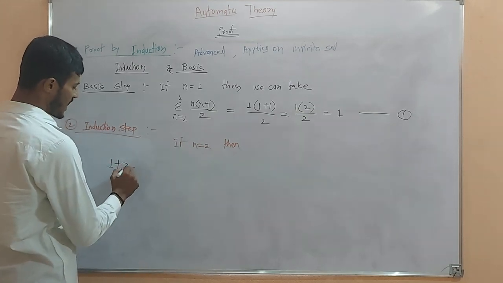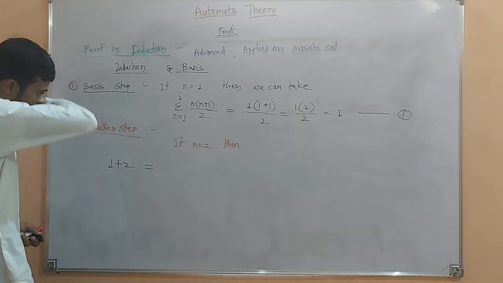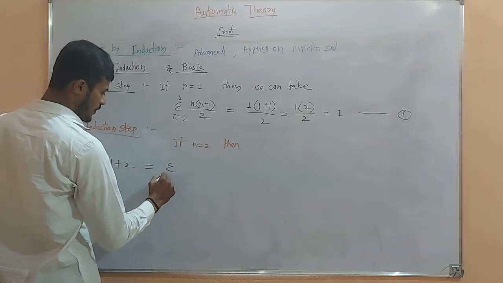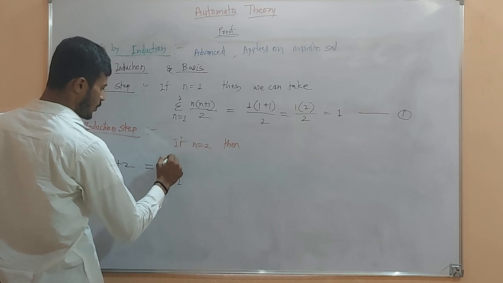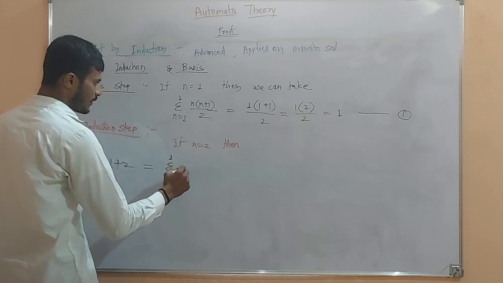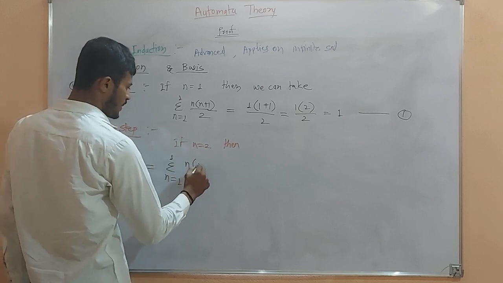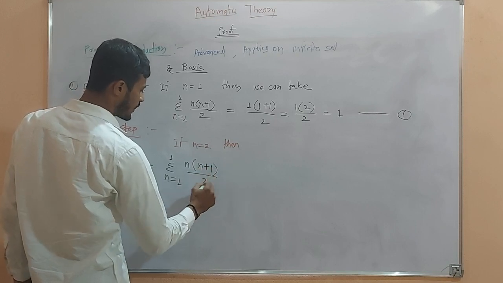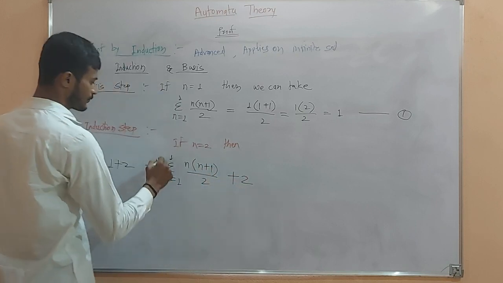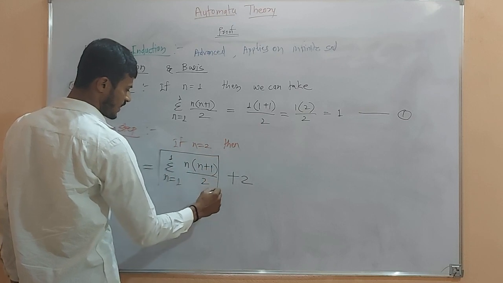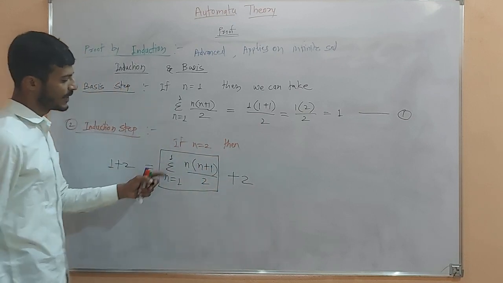So you can write this as the summation from 1 to 1 of n(n+1)/2, plus 2. So you can clearly see what I have done here.